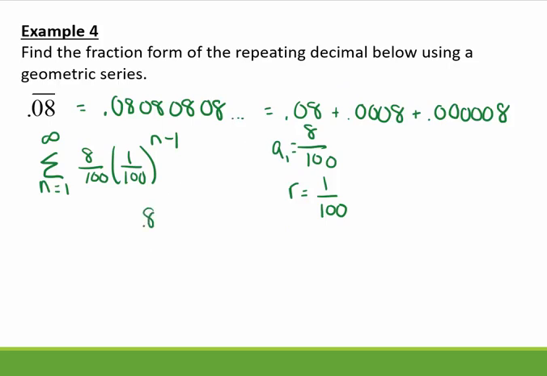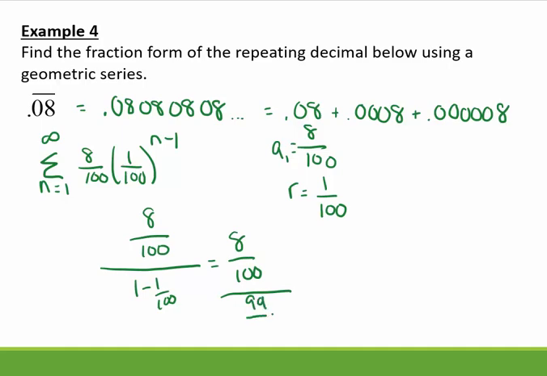I have my first term over 1 minus 1 over 100, which is 8/100ths over 99 over 100, which simplifies to 8/99.